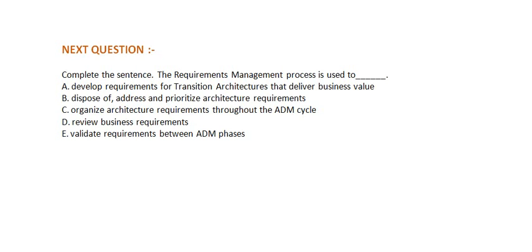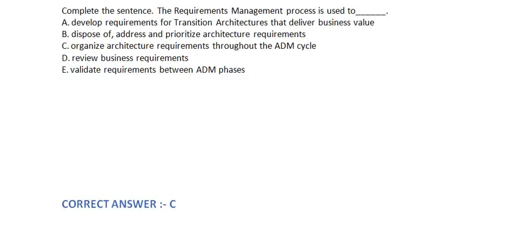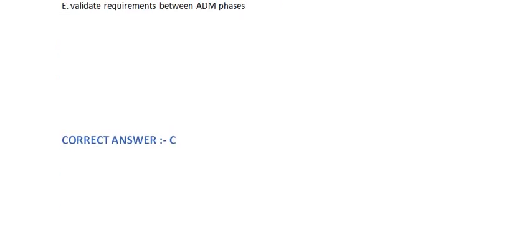Option C. Organize architecture requirements throughout the ADM cycle. Option D. Review business requirements. And option E. Validate requirements between ADM phases. The correct answer is option C.